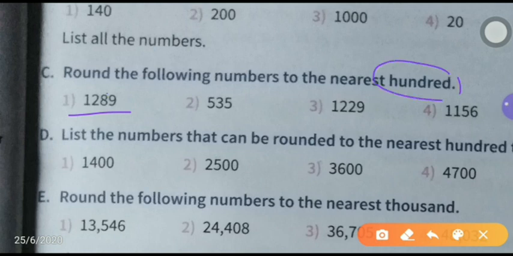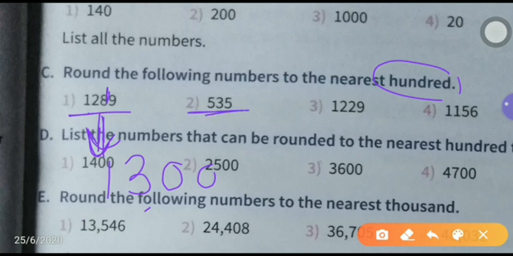In the tens place, what is there? 8 is there. 8 is more than 5, so we will move to the next 100. 1200 is here, the next 100 is what? 1300. Here it is 535. In the tens place, what is there? 3 is there. 3 is less than 5. So it is 500.